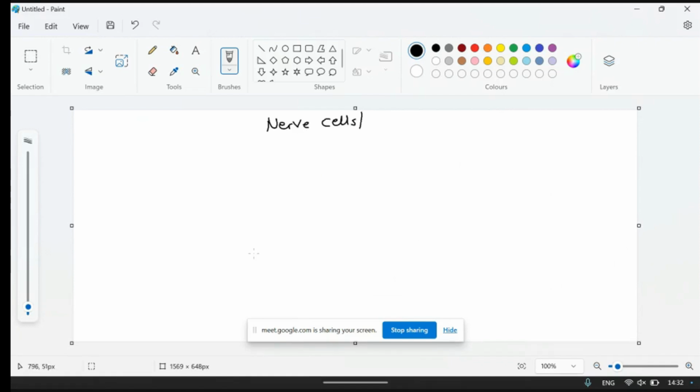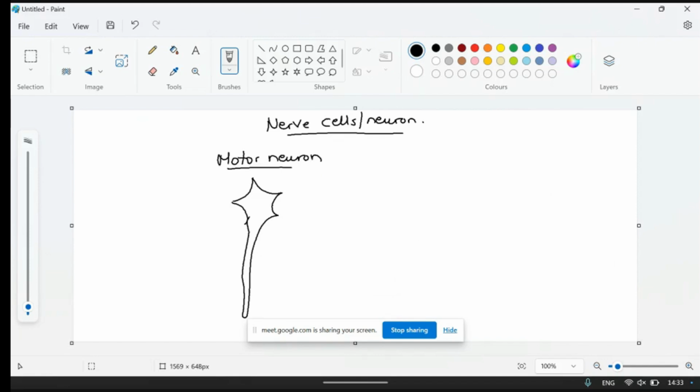They do have another name which is called neuron. Okay. Inside your body, there are three types of neurons. Now we are going to take one type of them, which is called the motor neuron. The other two types, we will take them with the nervous system topic.